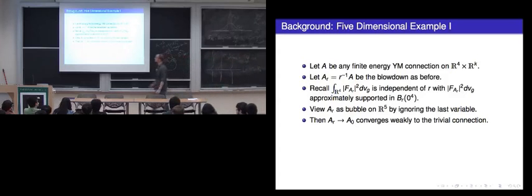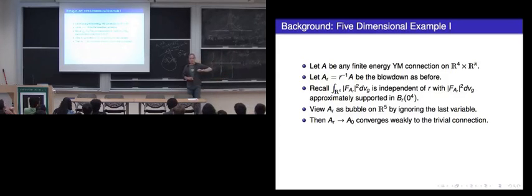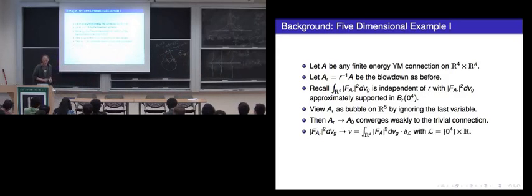If you were to take your sequence and your limits, once again, you'll limit to a trivial connection, because away from L, away from this one-dimensional line, the curvature is going to zero everywhere. So you still limit to zero, but your defect measure in this case now becomes a Dirac delta on the line. So you have not a point, but a codimension 4 manifold, your single line that appears as your defect measure.